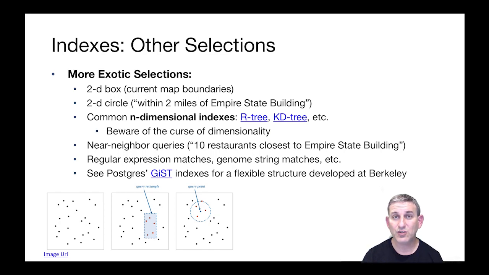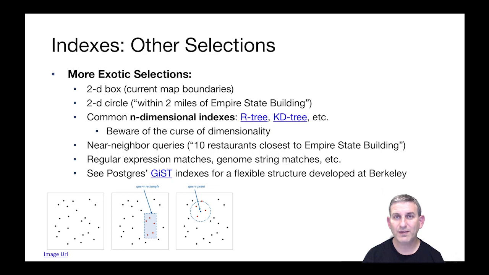Or 2D circle queries, like find all things within 2 miles of the Empire State Building. And so there's a common set of n-dimensional indexes. These are indexes that support queries across 2 or more dimensions, whether they're box queries or circular queries. And examples of these kinds of indexes are R trees and KD trees.